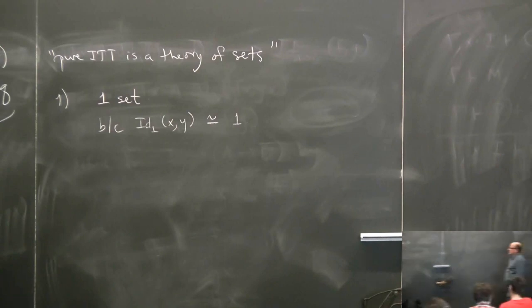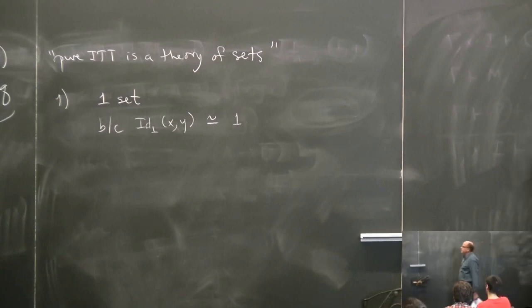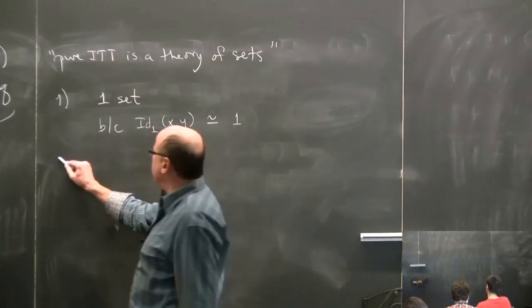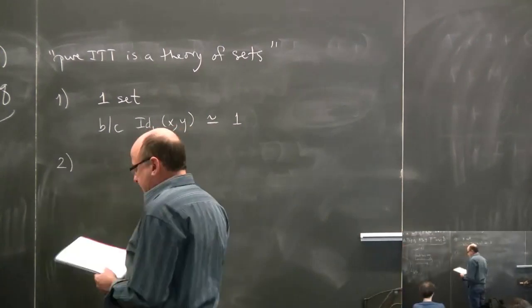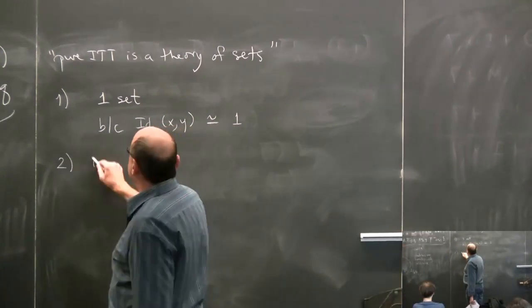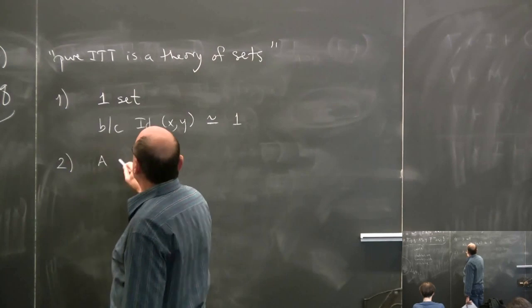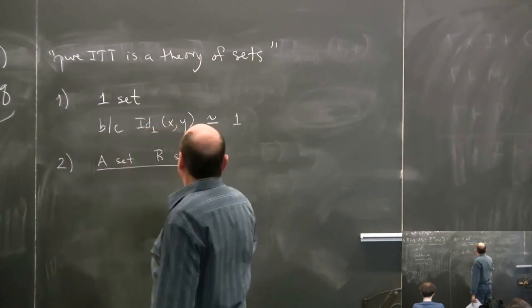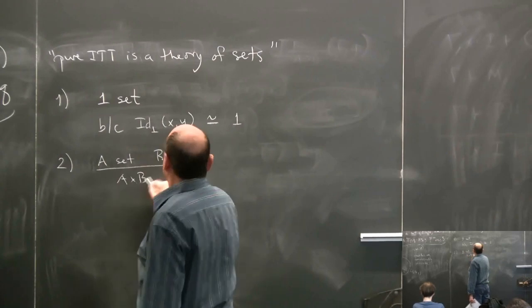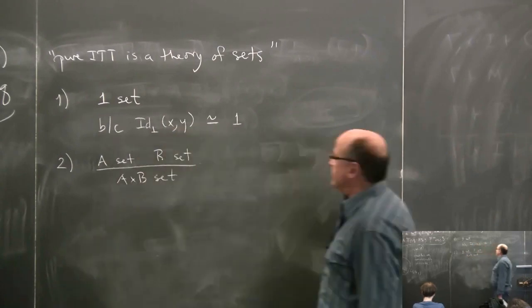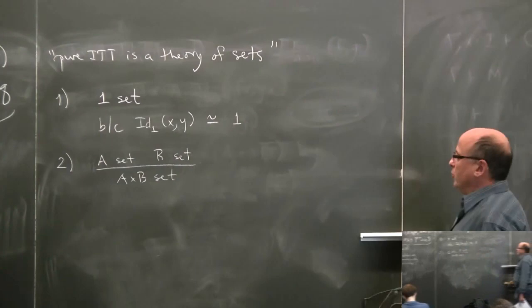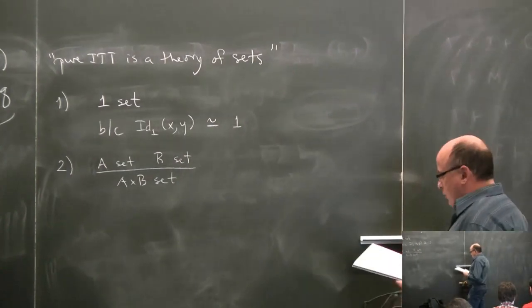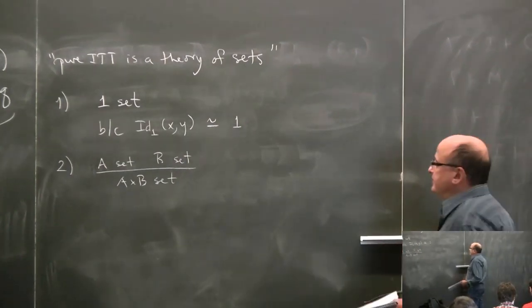So that forms a set. So that's good, we're starting, and this is all going to extend, is the idea. I can write it like this: if A is a set and B is a set, then A cross B is a set. I'm going to claim that this is a derivable rule.